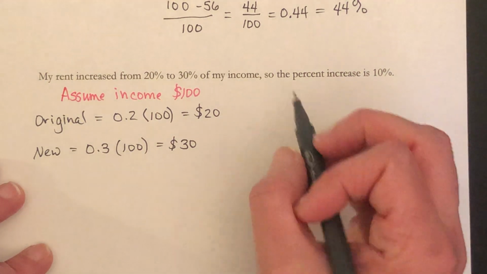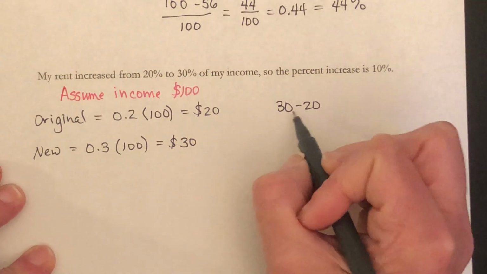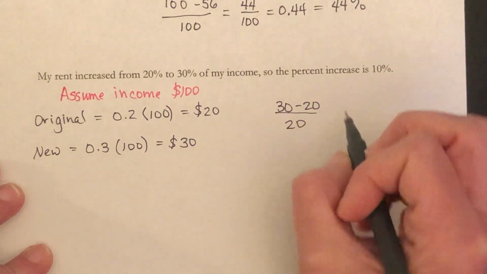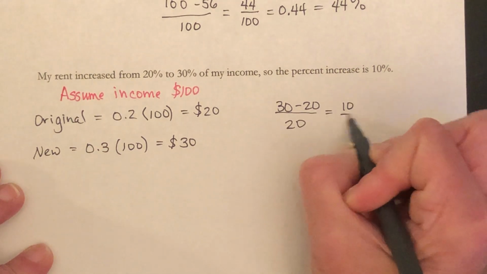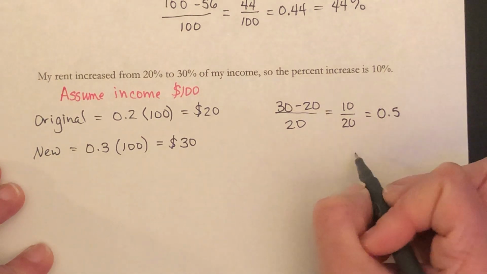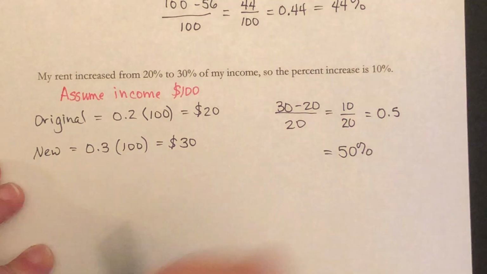We subtract these two, 30 minus 20, and then we divide that by the original, which was 20. This gives you 10 over 20, which is 0.5, which means this is a 50% increase, not a 10% increase.